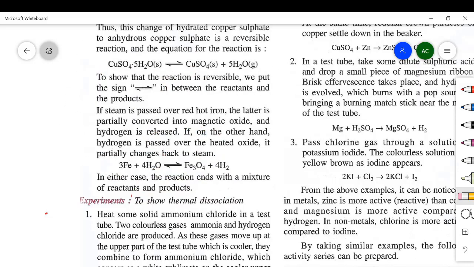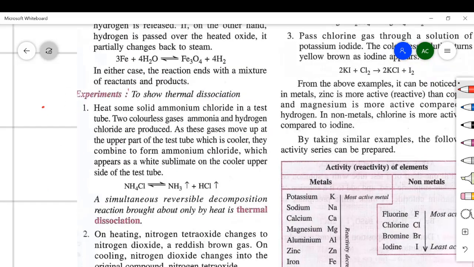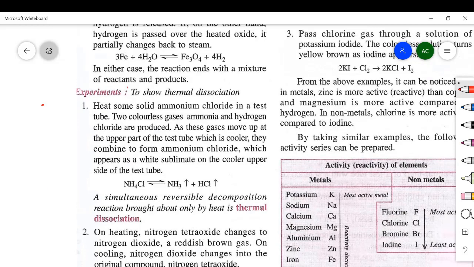How will we show the thermal decomposition? Again, ammonium chloride. Ammonium chloride, when taken in a test tube, what will happen when you heat it? This will break down into ammonia and hydrogen chloride gas.